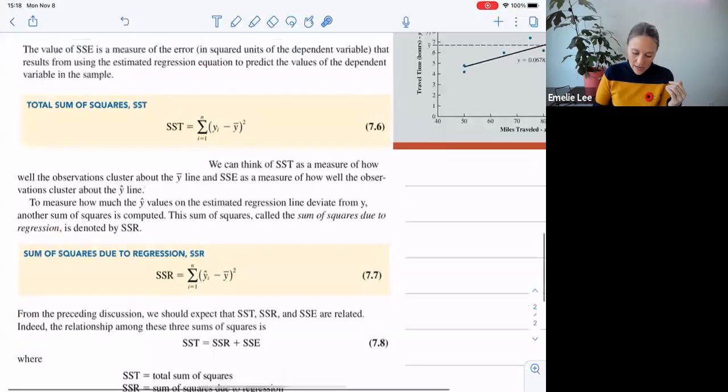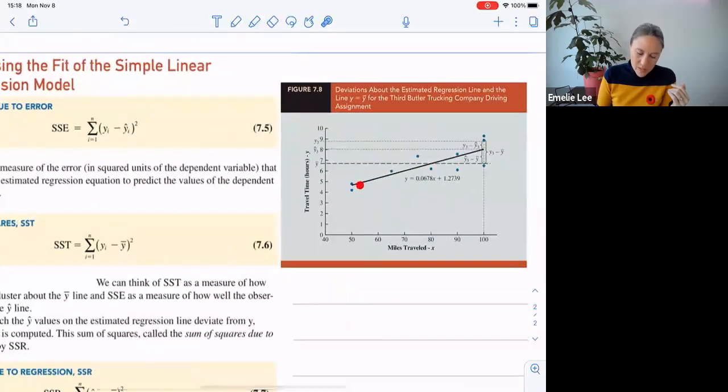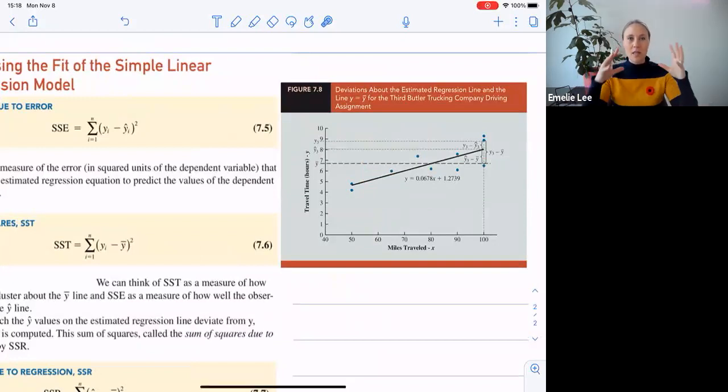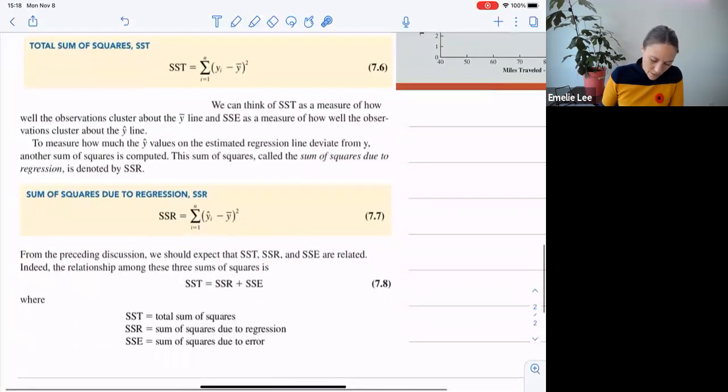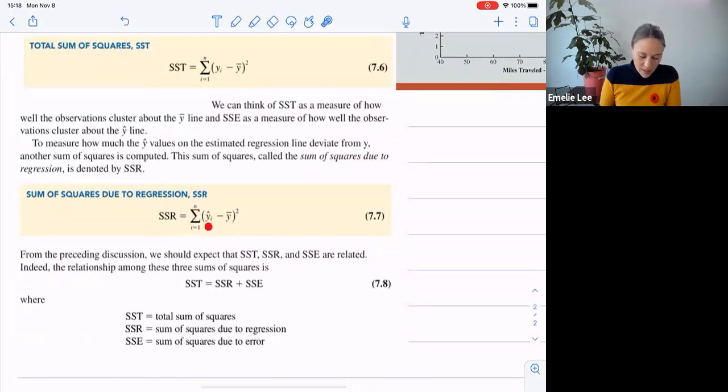So now I have some point on the regression line, y hat, and then how far is that from the average? We've got all these differences that we want to look at. And so the SSR is the y hat minus y bar, squared, and then sum those all up.